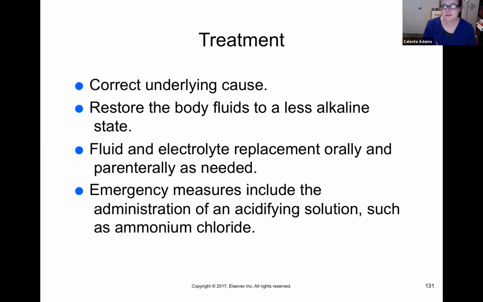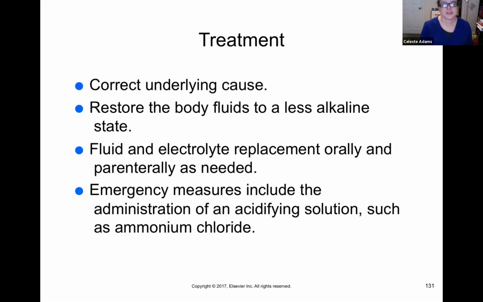If it's a muscle issue, an overexcitability of the muscles because of low potassium or high potassium, we may have to give them or restrict their potassium. You correct the underlying cause, you'll correct the acid-base imbalance.